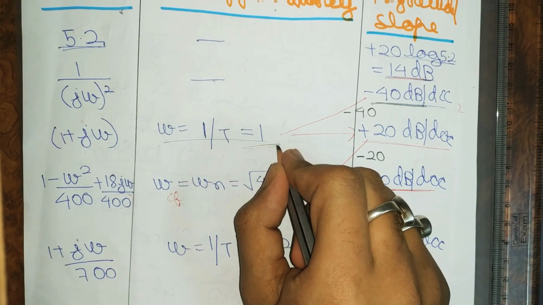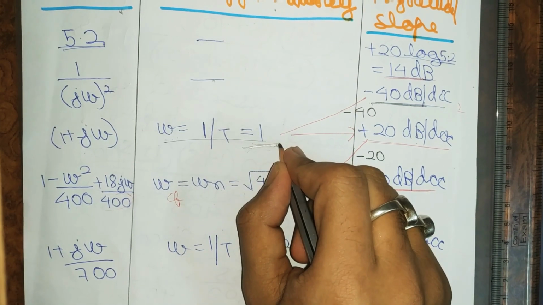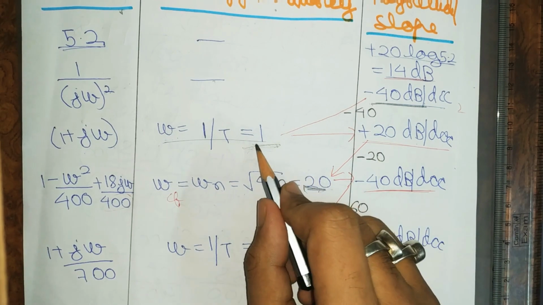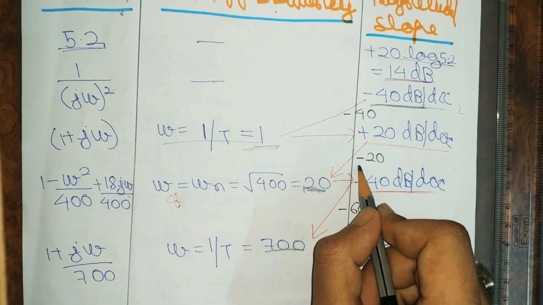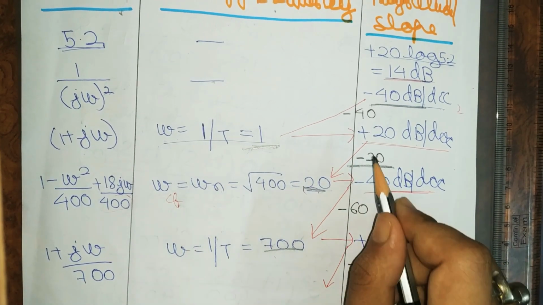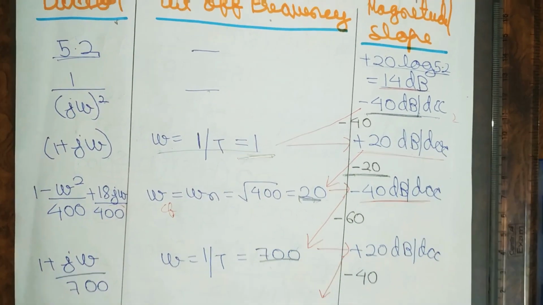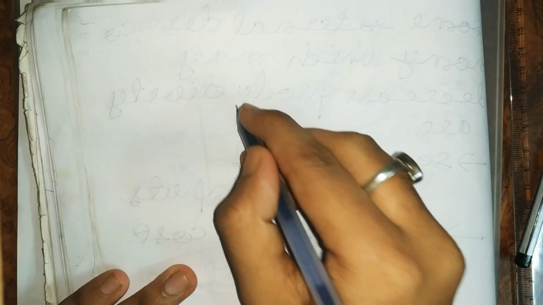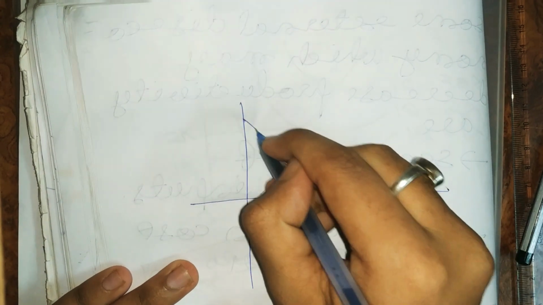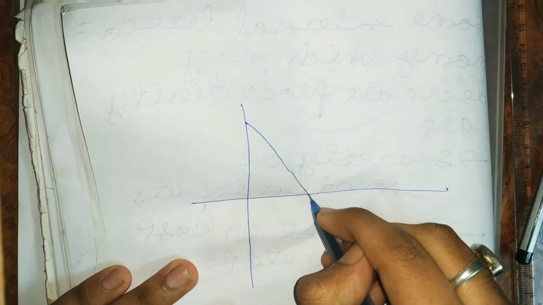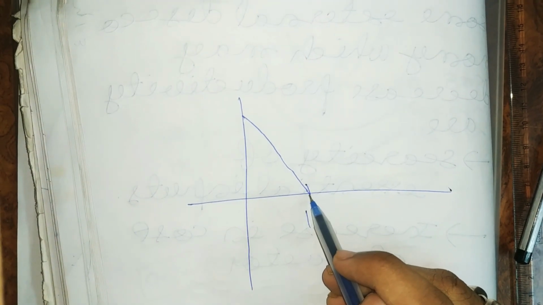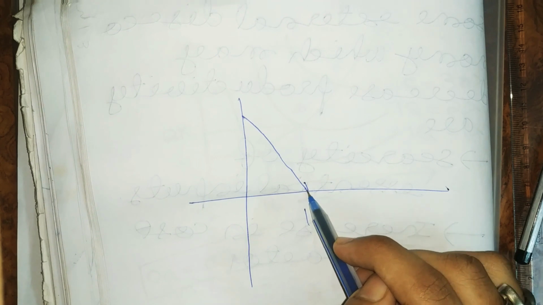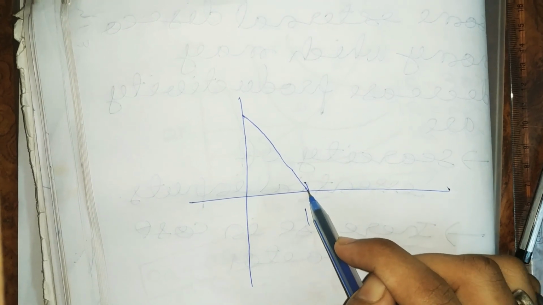After you reach 1, you have to move at minus 20 dB/decade. How does it become that? Suppose you are moving at minus 40 dB/decade till 1. Then you have to move again 20 dB/decade.